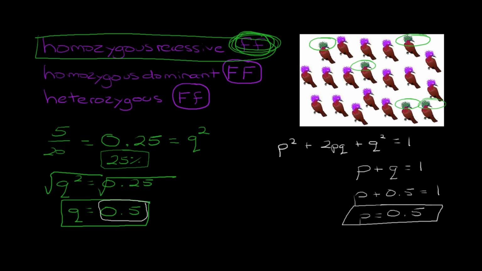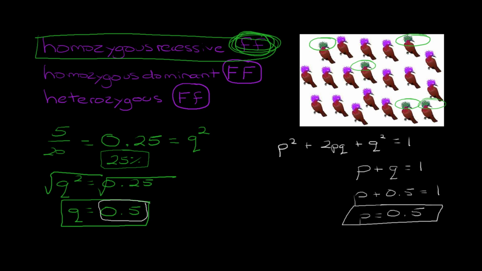So I know Q squared, here let me change the colors here. I know Q squared is 0.25. I'm not going to write anything because it's just going to get messy. But I know that Q squared is 0.25. That would go there. I calculated Q as 0.5, so I could plug that in here. I just calculated P also as 0.5, so I could plug that in there, and I can figure out P squared, right?